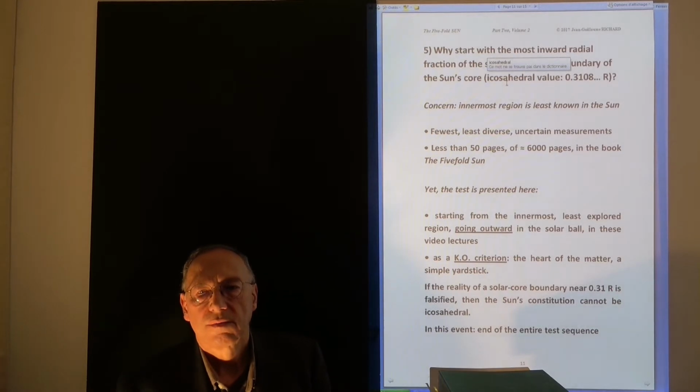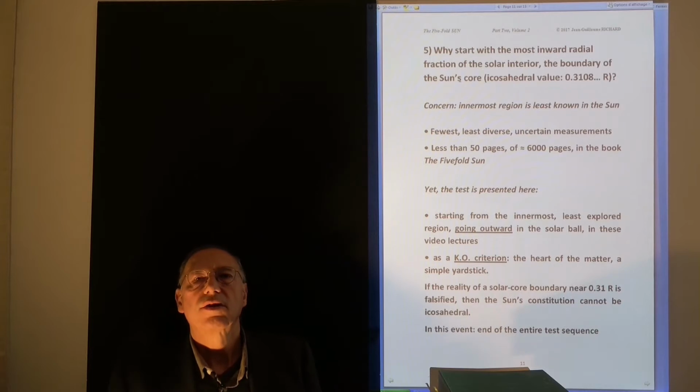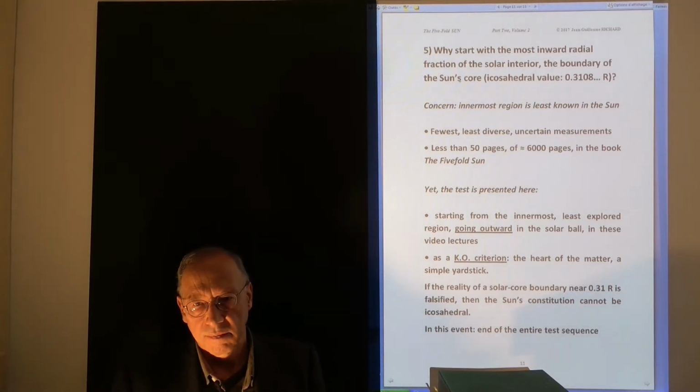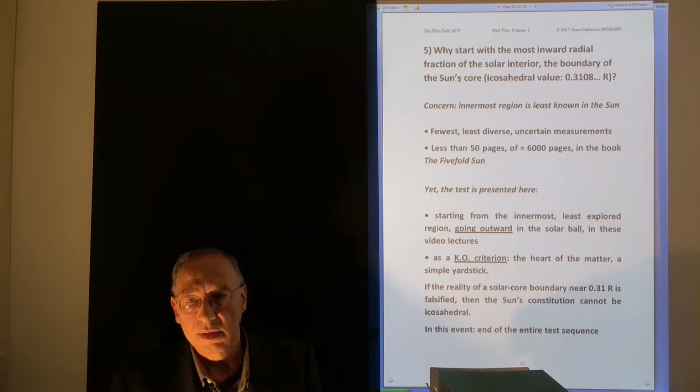Why do we start with the most inward radial fraction of the solar interior when we want to test the falsifiability of our fivefold theory? The concern with such a choice is that the innermost region is, as is well accepted, the least known region in the Sun.